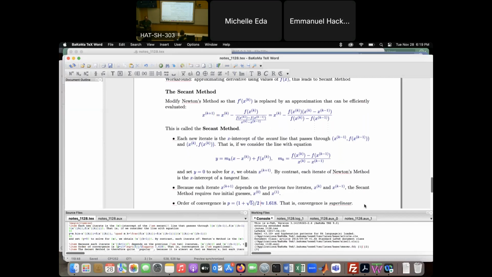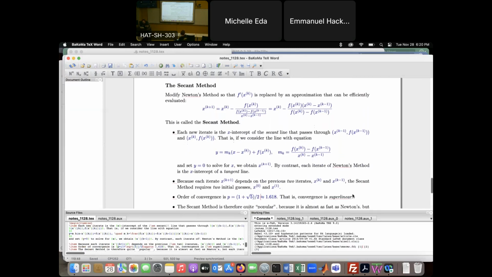So it could very well be that the total time taken by the secant method can easily be less than Newton's method, because even though the secant method requires a few more iterations, not much more, each iteration requires less computational effort. You're only evaluating one function instead of two. Often, the secant method is more efficient. So it probably is the most popular method. It's fairly easy to implement.